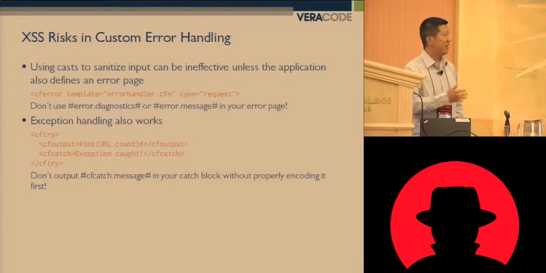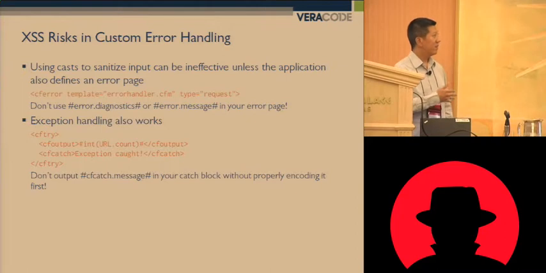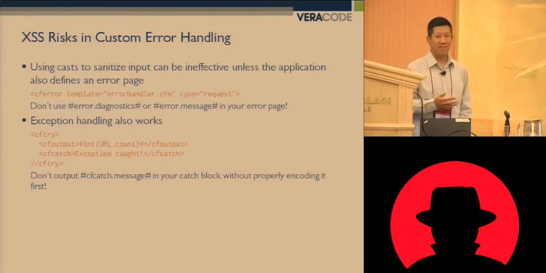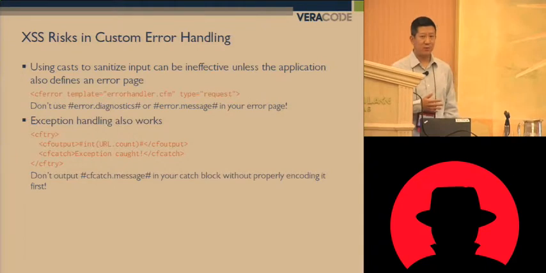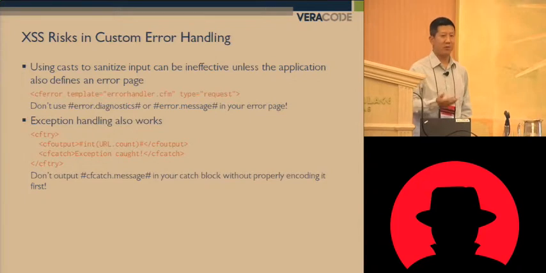There's a CF error tag that you can use, and it says, if an error occurs, call errorhandler.cfm instead. That way, you won't get the default error page. It'll just redirect you to errorhandler.cfm. And then that page has access to an object called error, which you can then use to print out information about what happened, but you can do so in a pretty way.